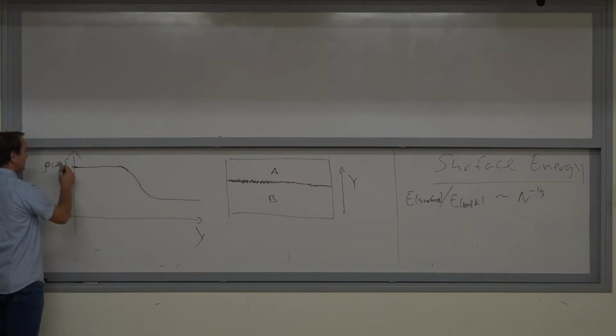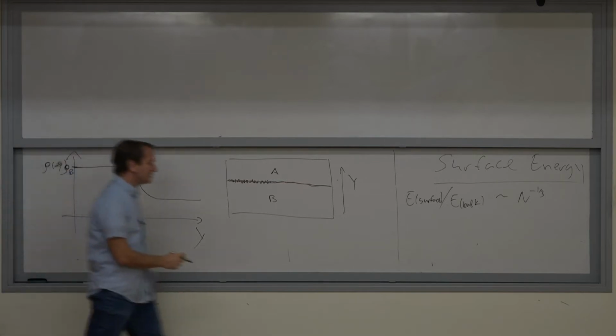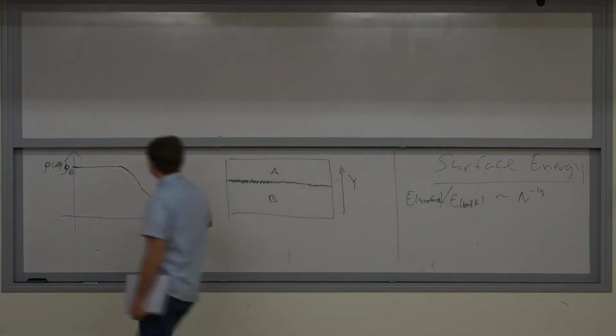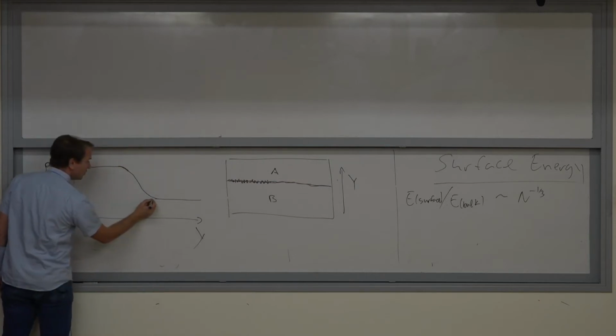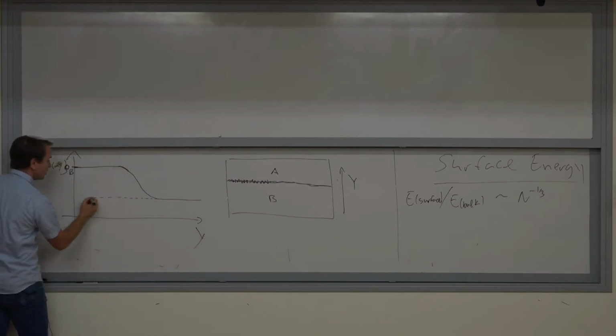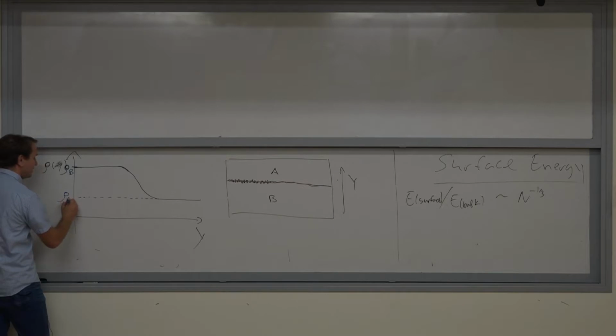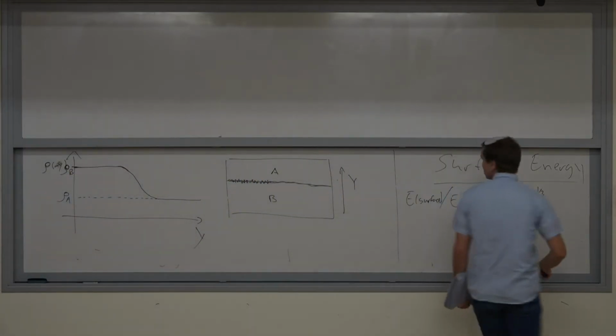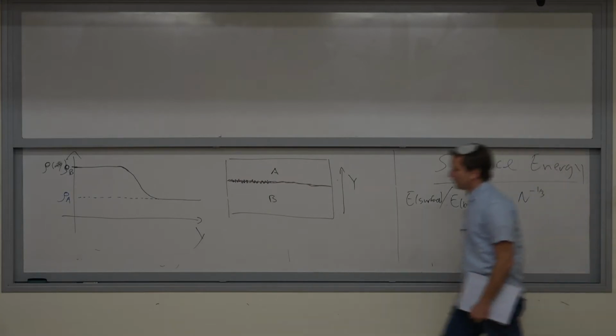This is rho b, this constant value over here. I have a high concentration of molecules inside the water. This is rho A. I have a lower concentration of molecules inside the vapor.